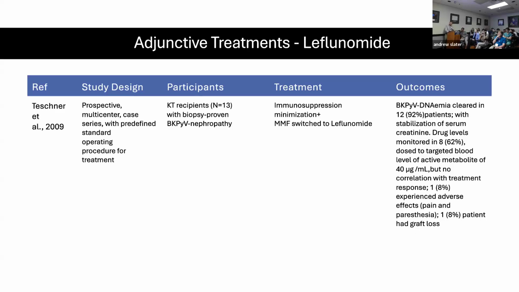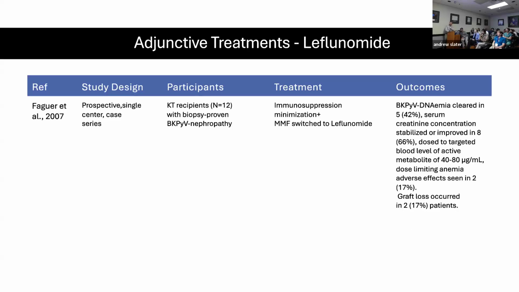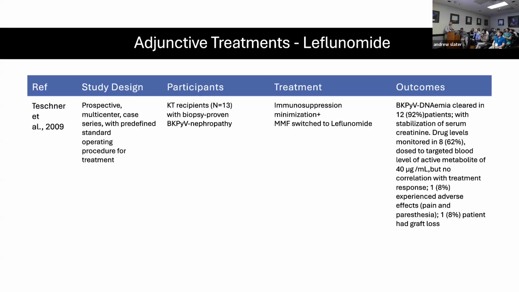Different study, same number of participants, and same treatment. This was a prospective multi-center case series with a predefined standard operating procedure for treatment. BK virus cleared in 12, that's 92%, with stabilization of serum creatinine.